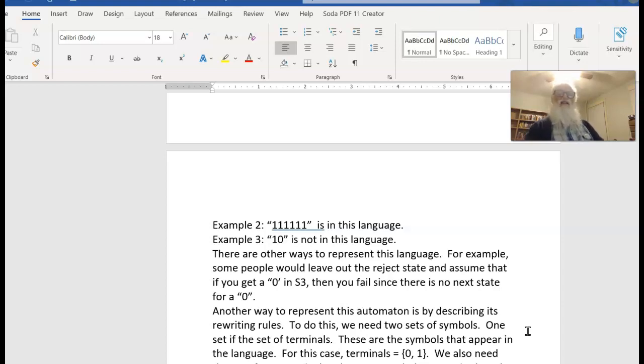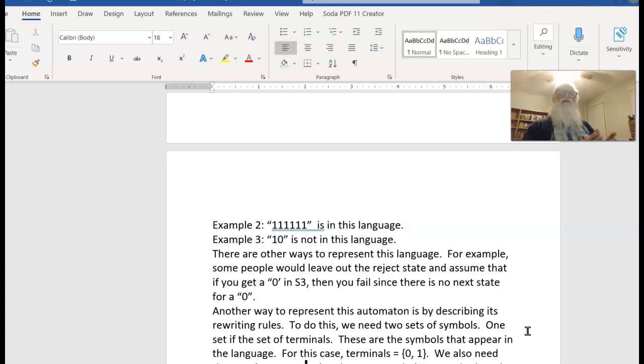So you can think of this as the grammar of the language. By rewriting, what I mean is that if we have what is on the left-hand side of the rule, we can replace it by what's on the right-hand side of the rule. We can rewrite it.